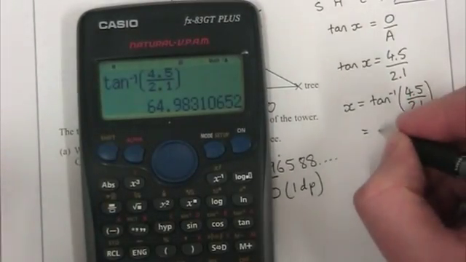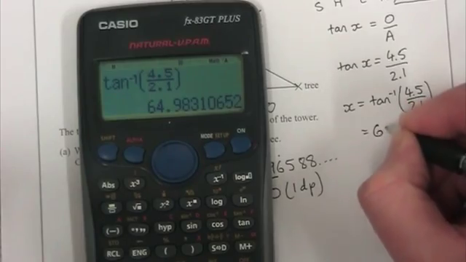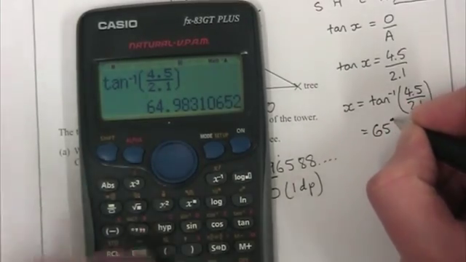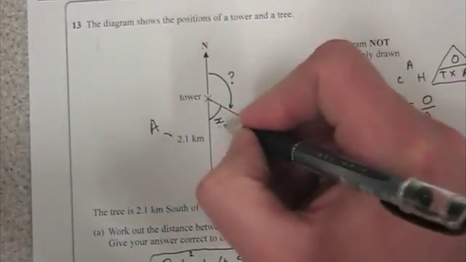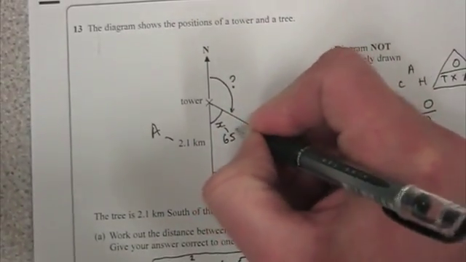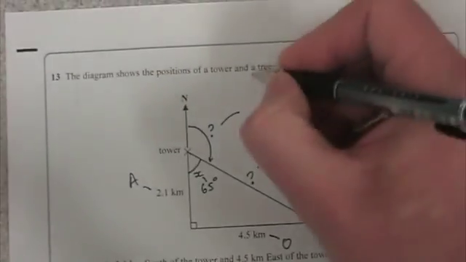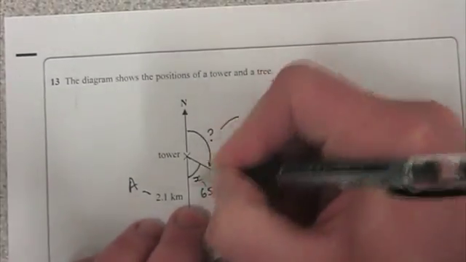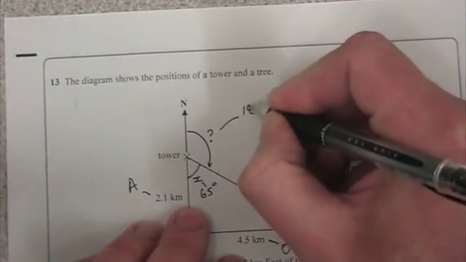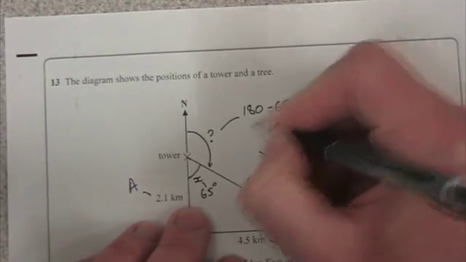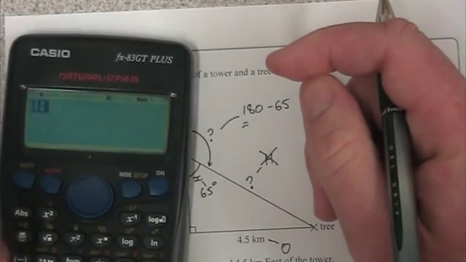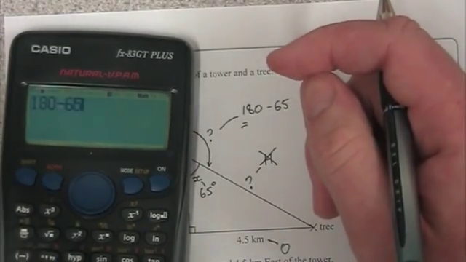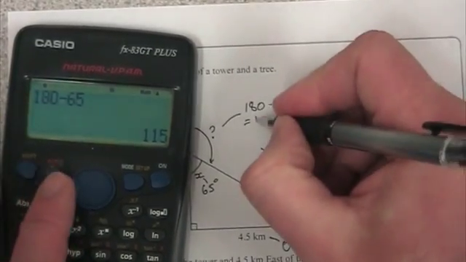Now we're working to the nearest degree, so I'm going to round that answer to 65 degrees. So now if I know that x is 65 degrees, to find this one here, because this is angled in a straight line, I do 180 take away 65, and that's 115.